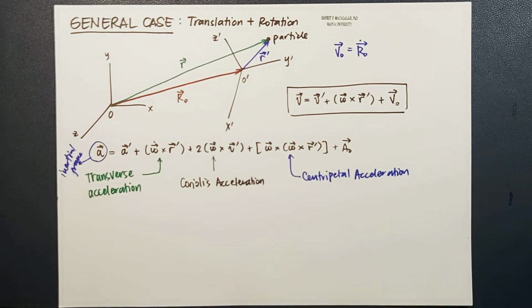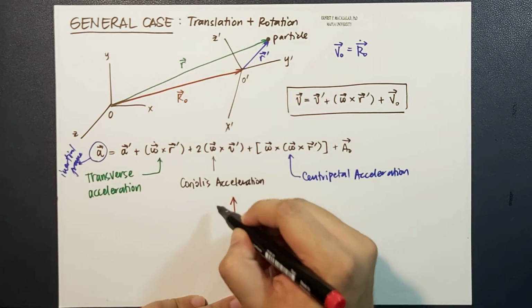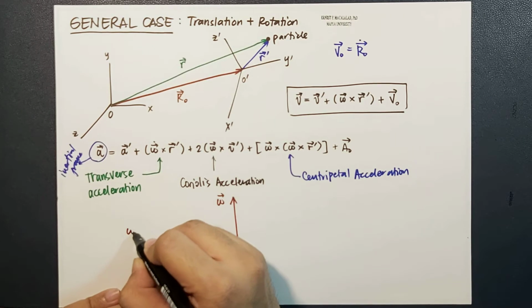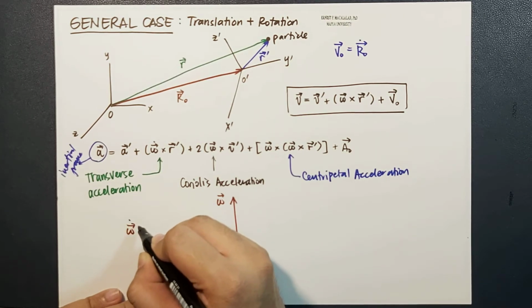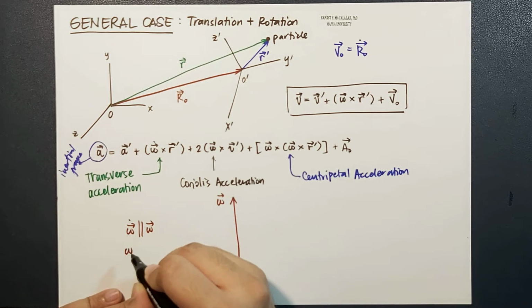So for example, how are these terms related in terms of direction? If this is your omega, and let's say omega speeds up, or assume that omega dot is parallel to omega and omega dot is positive.